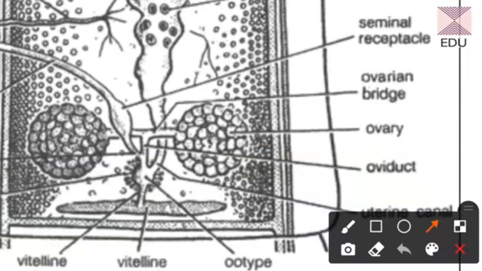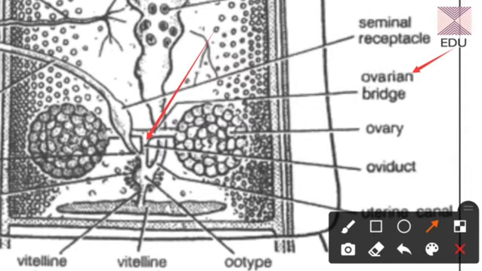This ovary has right and left lobes, and these two lobes are connected by the ovarian isthmus. Some books write it as the ovarian bridge. This is the bridge present between the two lobes of the ovary.